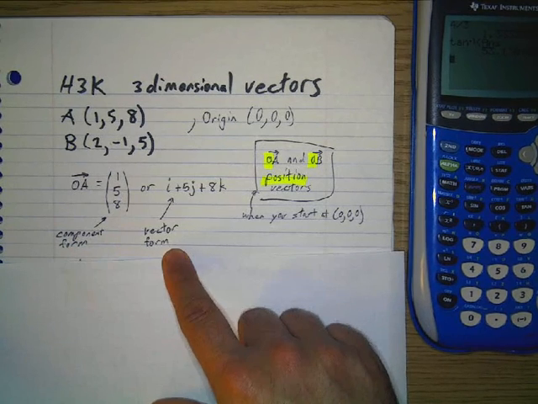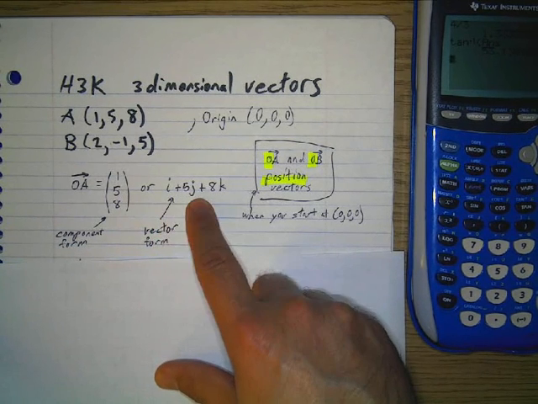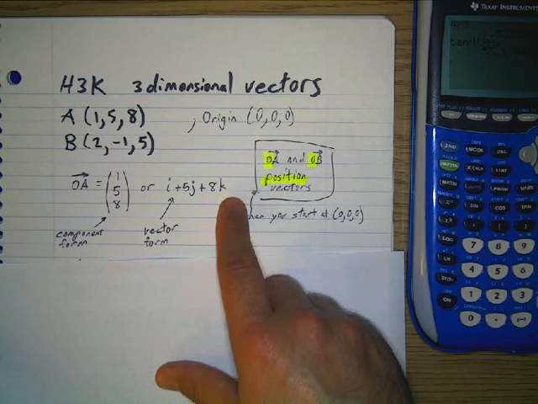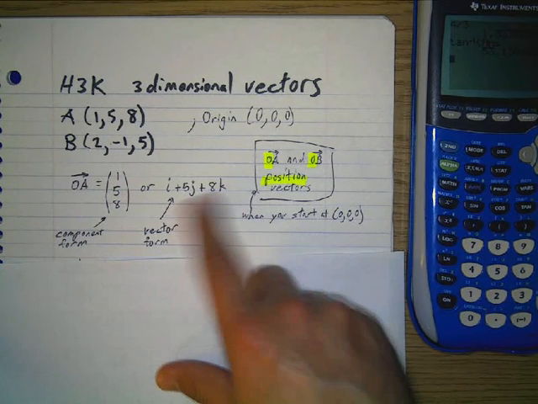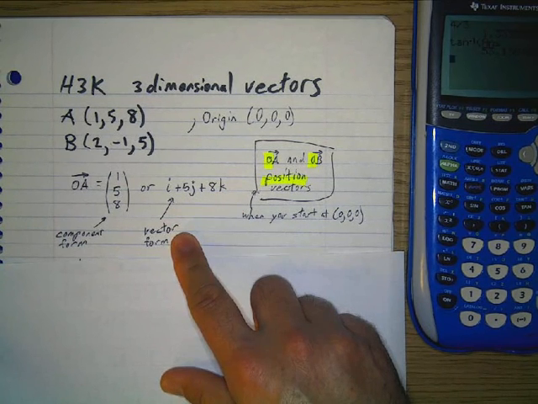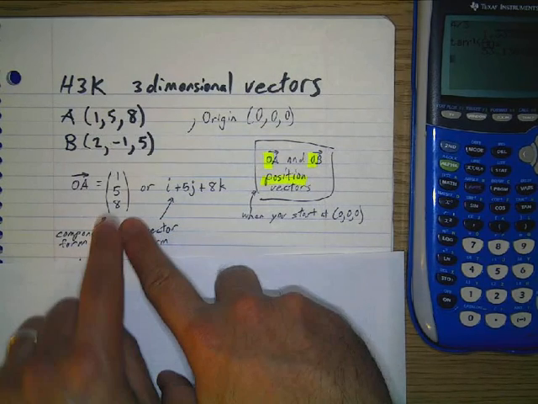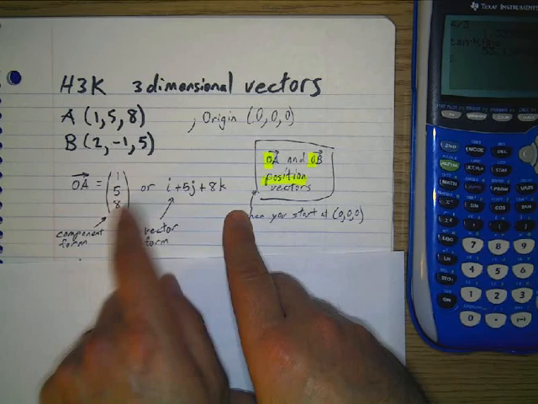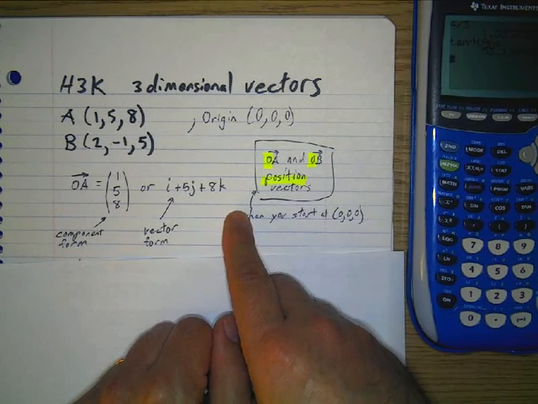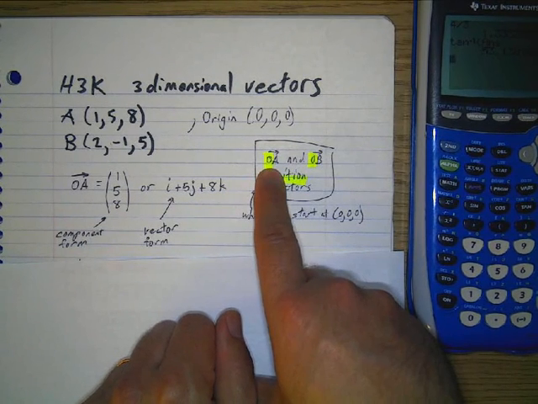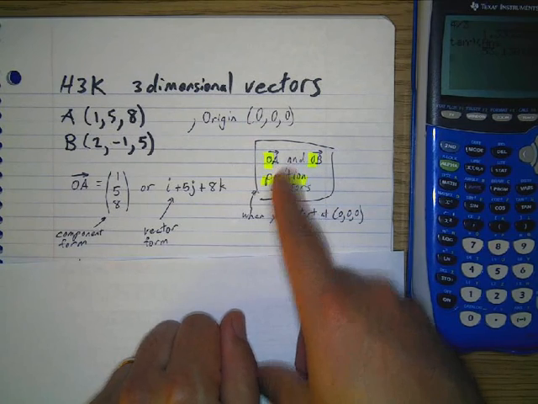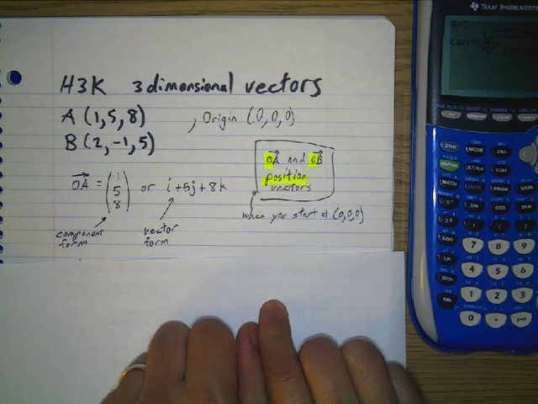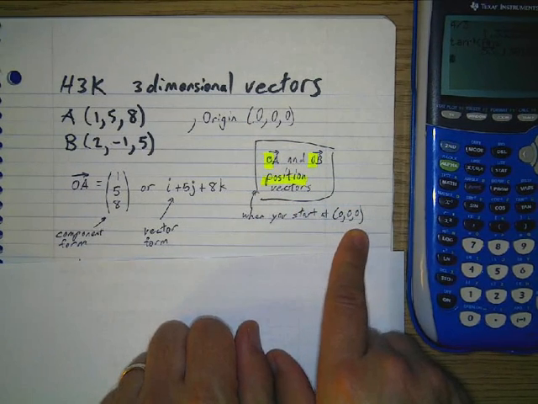And we can also write this with the i, j. Now, if it's 3 dimensions, we have to have k here. And this is called vector form. Okay, so if I wanted to rewrite this in component form, it looks like this. If I want to rewrite it in vector form, it looks like this. These are the same. And whenever we start at the origin and go to a point, that is called a position vector, whenever we start from 0, 0, 0.